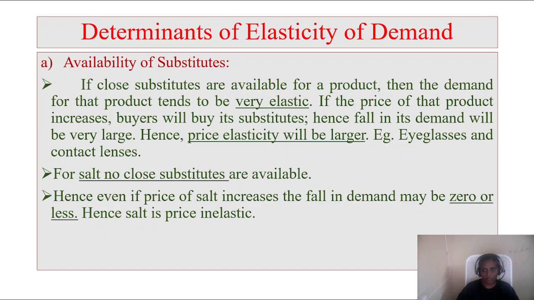If the price of the substitute goods decreases, automatically people will prefer buying the substitute goods. Preferring to buy is nothing but demand, so the demand increases. Instead of buying eyeglasses, the consumers go for contact lenses.